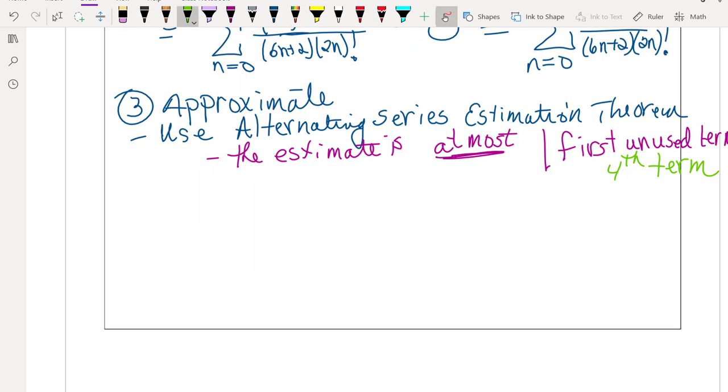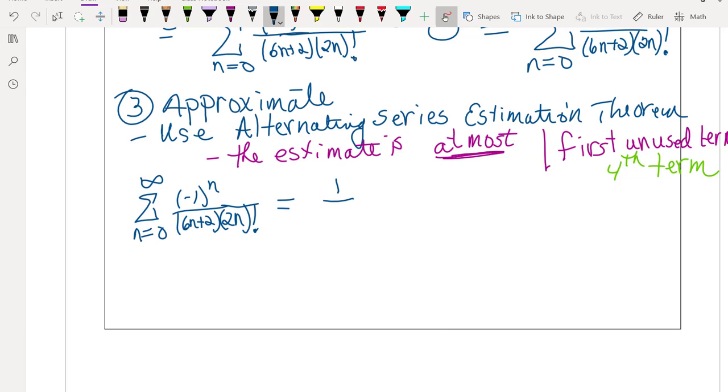So here's what we're going to have then. We're going to have our constant here. Write that down, that we got from part 2. So we want to write out the first 3 terms. Well, I'm actually going to write out the first 4 because I'm going to look at the 4th term to see how accurate I am.